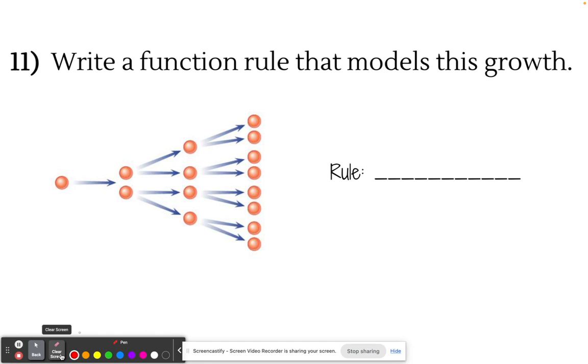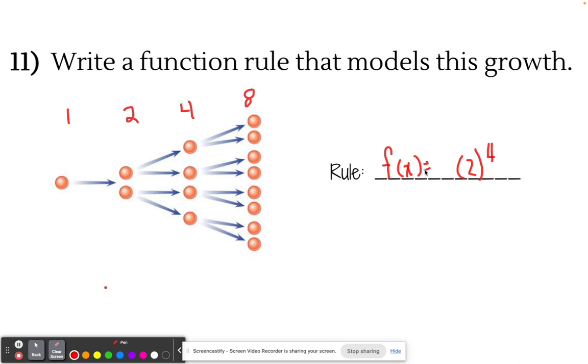Let's look at my next example. I have 1, 2, 4, 2, 4, 6, 8. This is a times 2 pattern. But what would be my starting point?